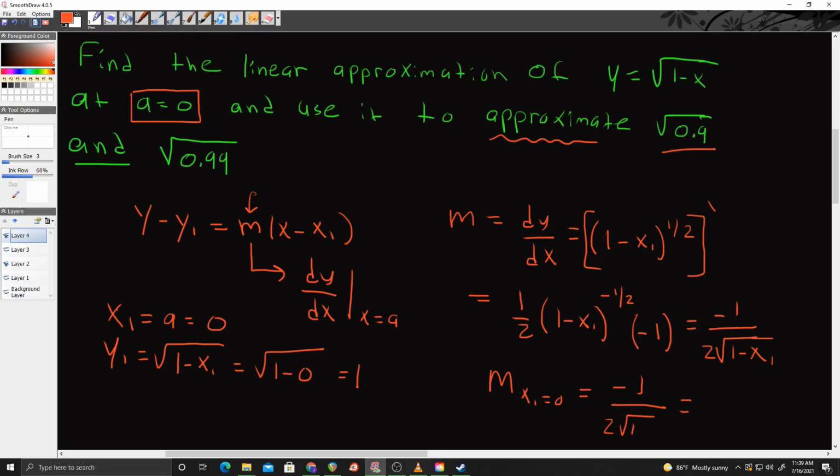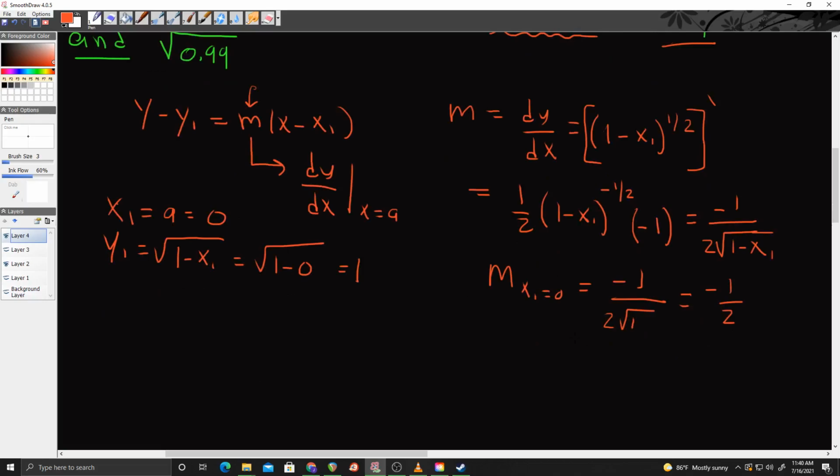That gives me negative 1 half altogether. And so here we are. y minus 1 equals negative 1 half times x minus x1, and x1 of course is just 0. So this is our linear approximation. Let me just simplify here. y minus 1 equals negative x over 2.